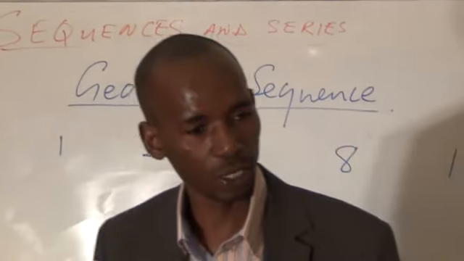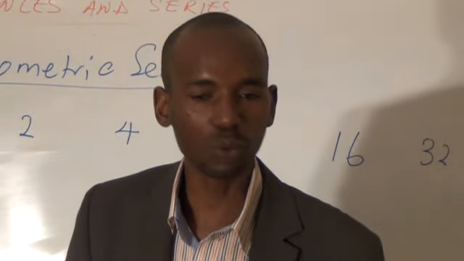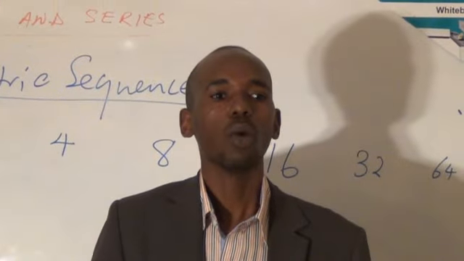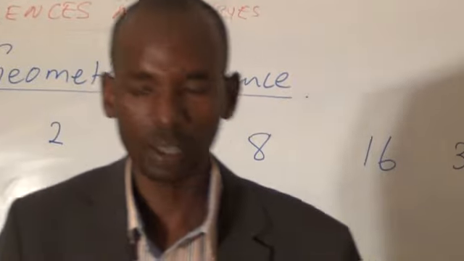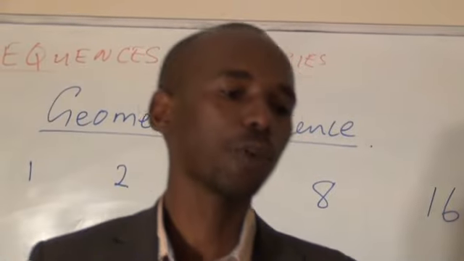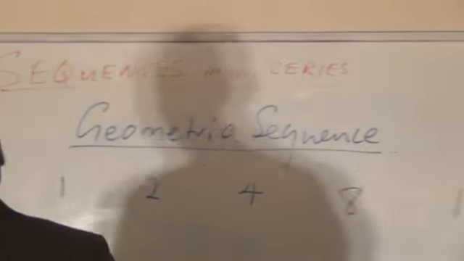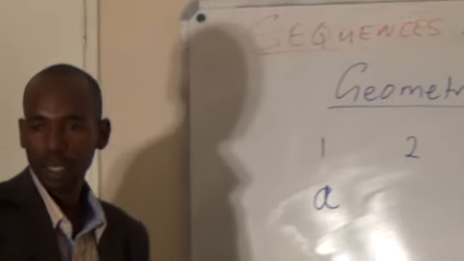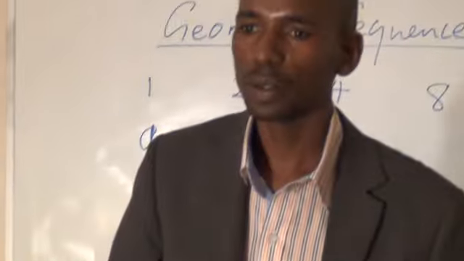This is actually a different type of sequence. In the same manner that we saw with the arithmetic sequence, we have a starting term. What is our starting term in this case? What is our first term? 1. We use again the first letter of the alphabet, a, for the first term. Happy?